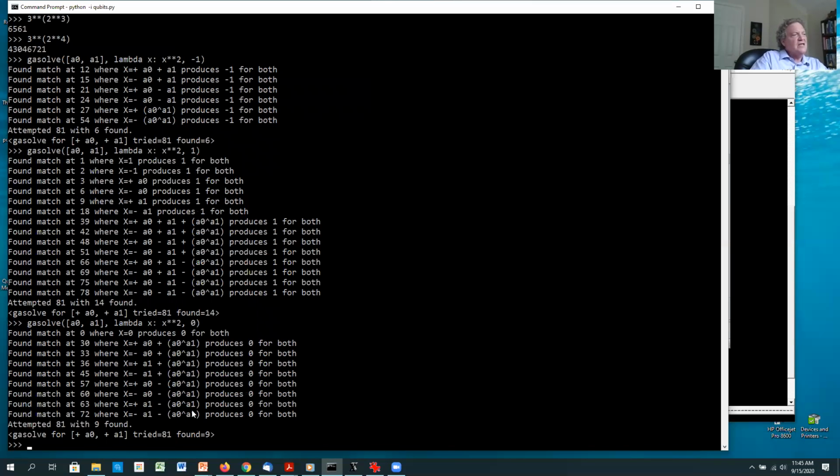So what we're finding here is that in geometric algebra, it's easy to write something like GA solve, and you can iterate through all the 81 possibilities, and you can say, tell me where some mathematical expression is true. And so Mike and I use this heavily to go and find things. And one of the things we find is when something is equal to 0, it's nilpotent. Well, this is a different nilpotent than you guys are doing because we don't even assume space and time exist yet, nor energy exists.